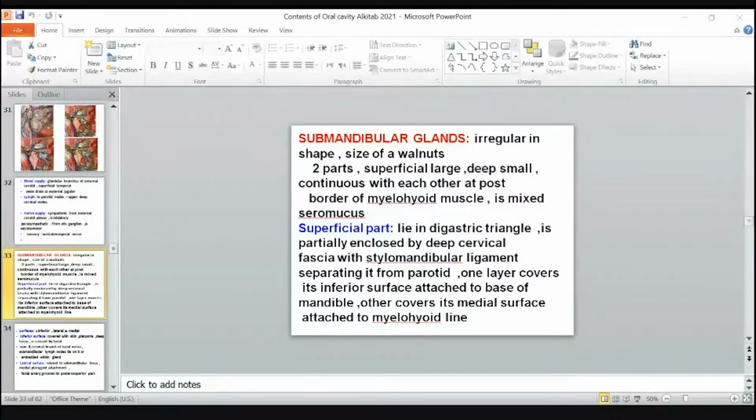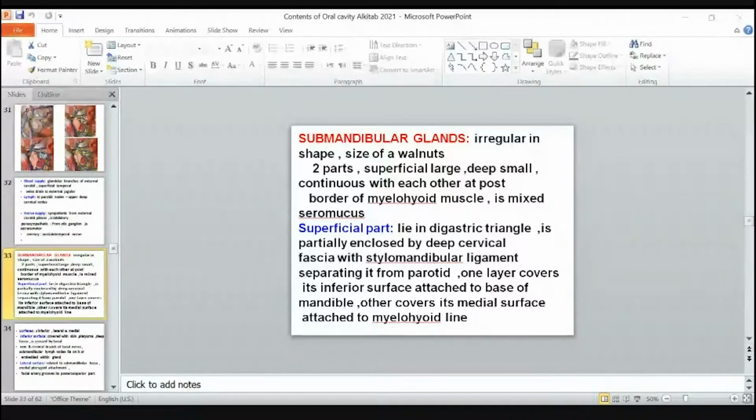The blood supply of the submandibular gland is by the branch of the facial artery, the submental branch, and the nerve supply to it: sensory nerve supply is from the lingual nerve, and the parasympathetic supply is from the submandibular ganglion.